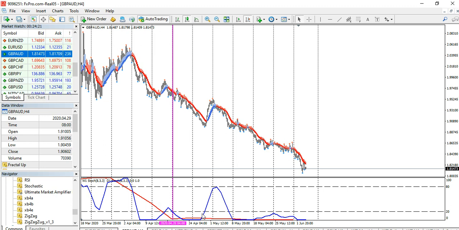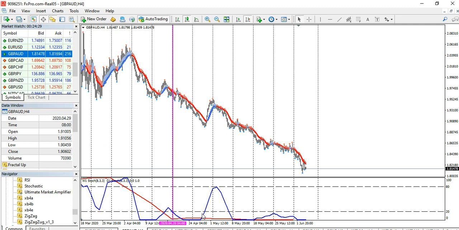If the weekly stochastic is in the buy zone, then the market will look to go up, and if it is in the sell zone, the market is going to look to go down. The exception, and I want you to pay attention to this, is that if the market is in a strong trend, it will continue in that direction before respecting the weekly stochastic indicator.